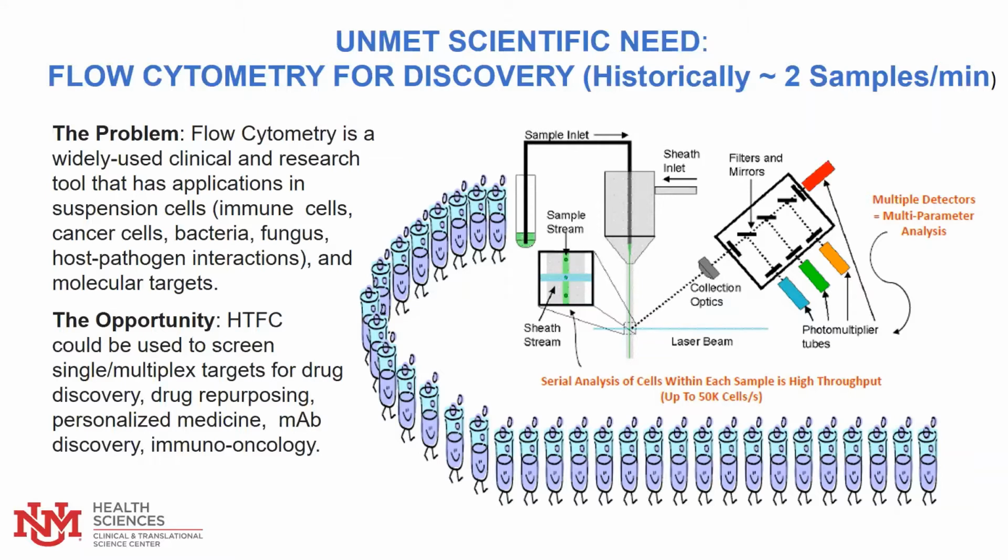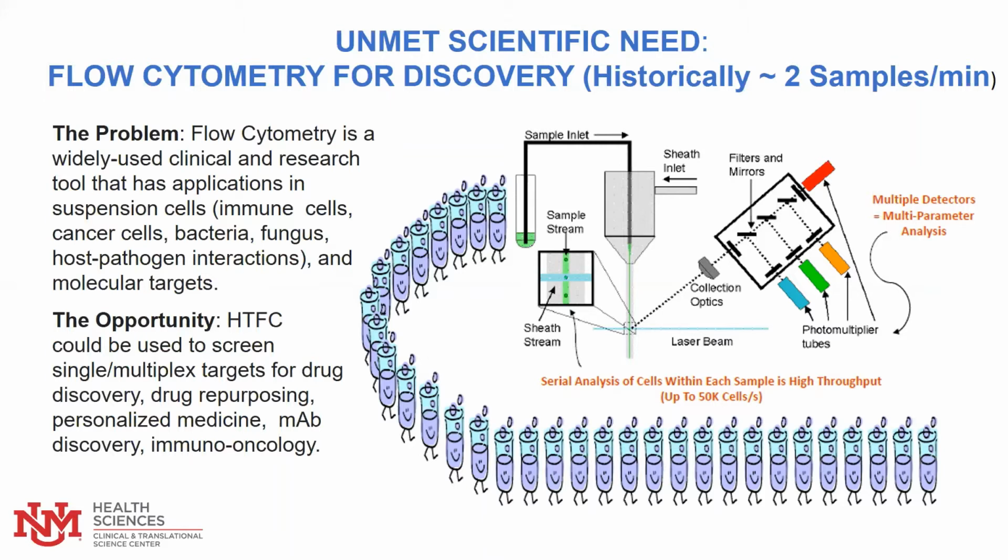By overcoming the limitations due to manual sample handling, high throughput flow cytometry could be used to screen single or multiplex targets for drug discovery, drug repurposing, personalized medicine, monoclonal antibody discovery, or immuno-oncology.